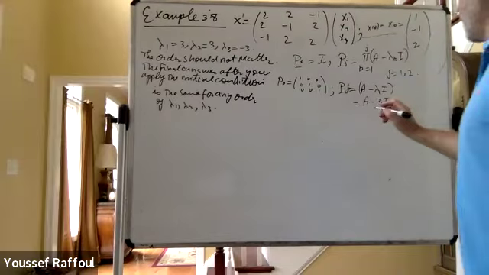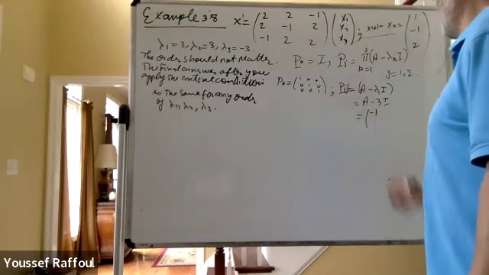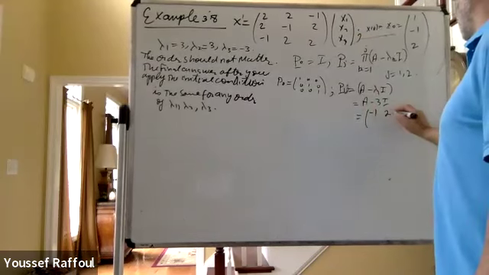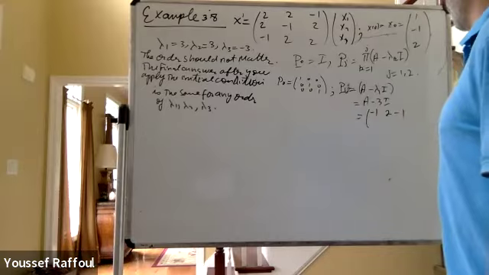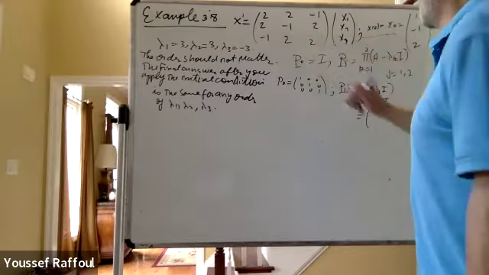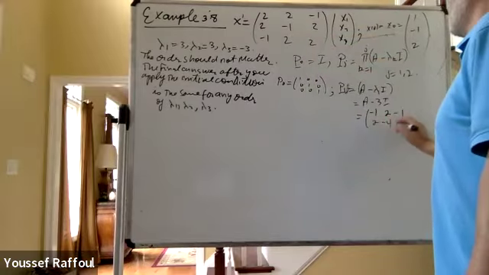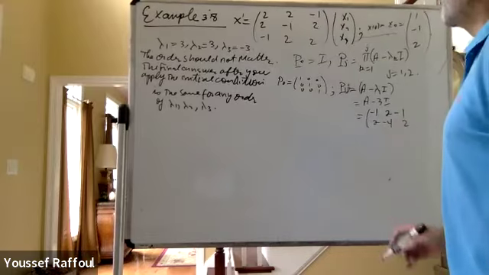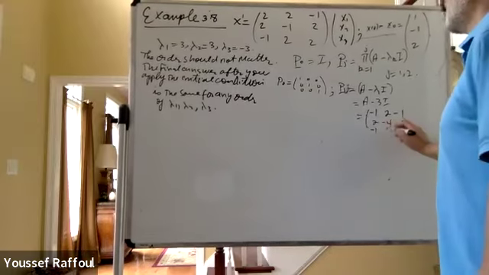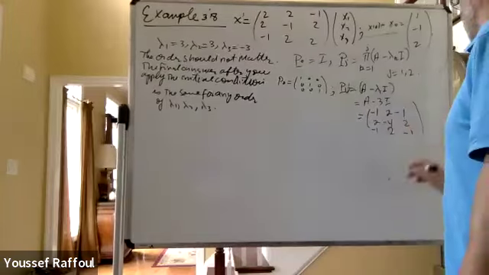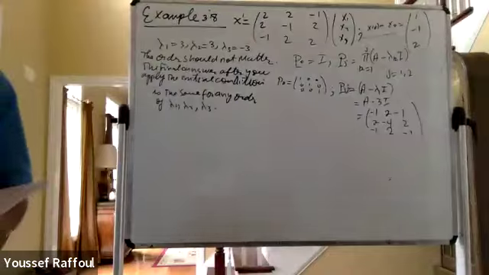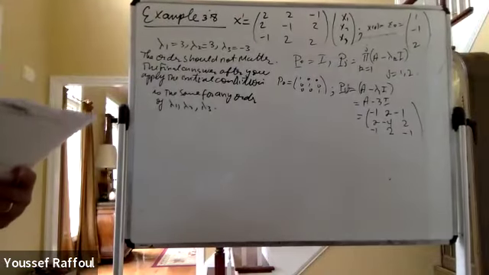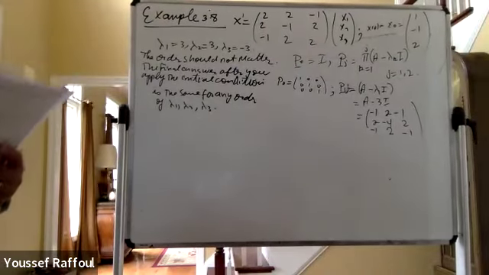So that will be minus 1, 2, minus 1, and so on; A minus 3I will be 2, minus 4, 2, minus 1, 2, minus 1.